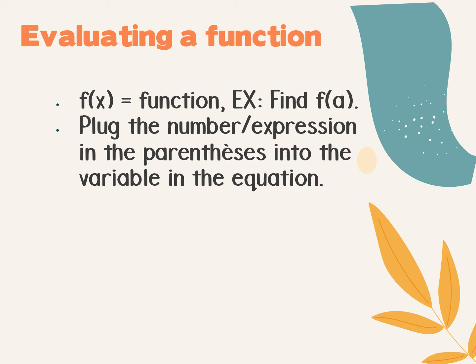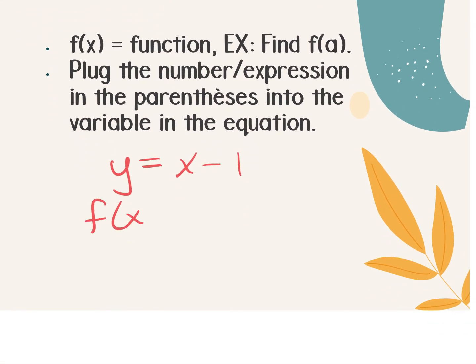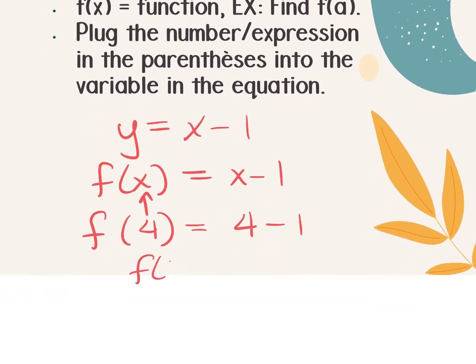So for example, again, you're used to looking at that as y equals, say, x minus 1. It'll be given to you in function notation now. And then in the parentheses, they're going to give you the value that they want you to substitute for x. So where I see x, I replace it with a 4. And then I get f of 4 is equal to 3.